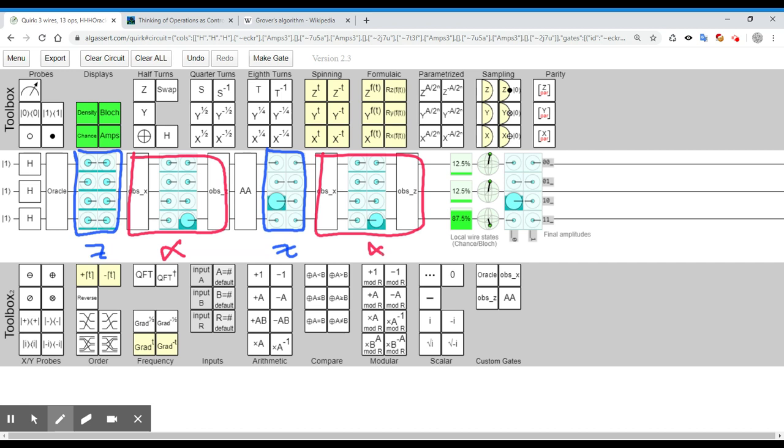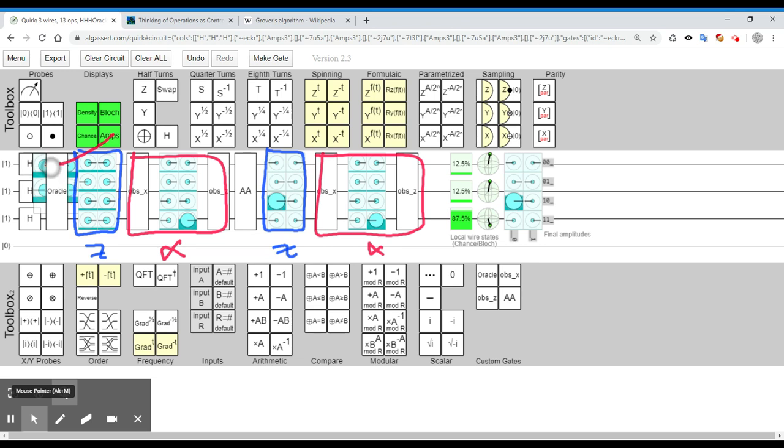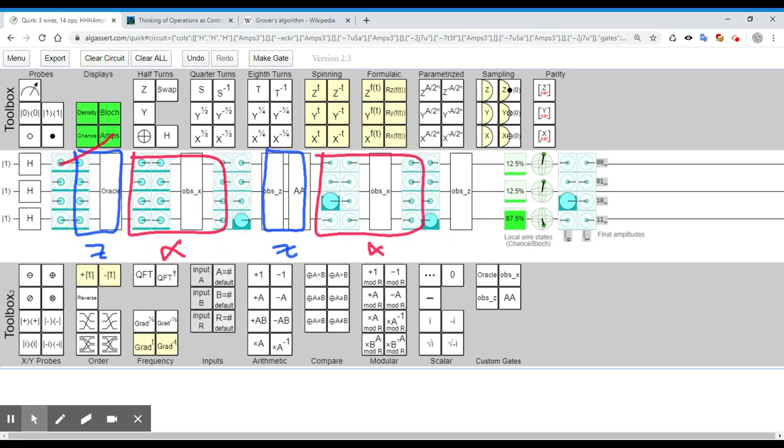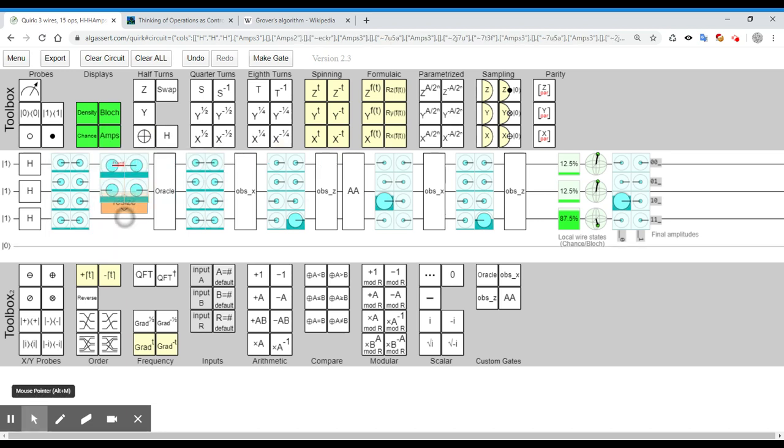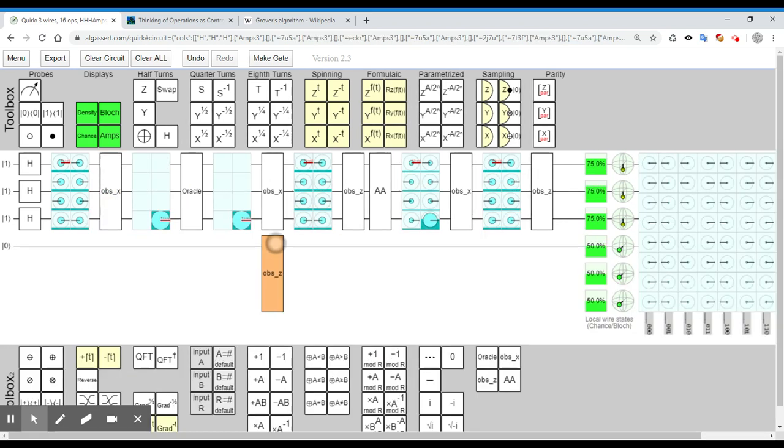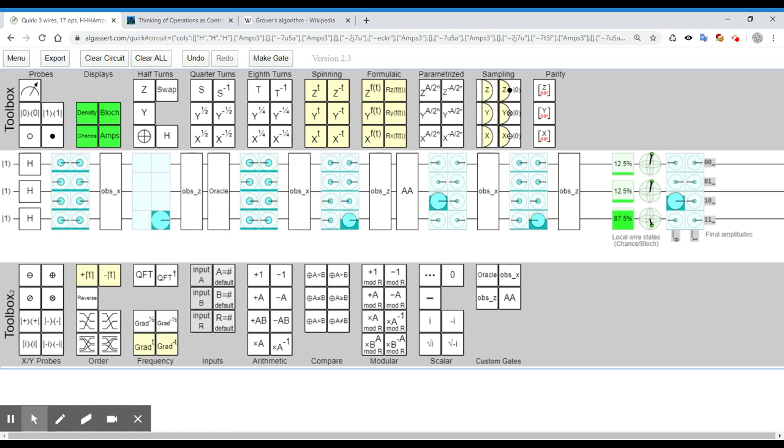What the hell is happening here? We cannot. We can add an amplitude display here, which basically does observe X, observe Z. Exactly.